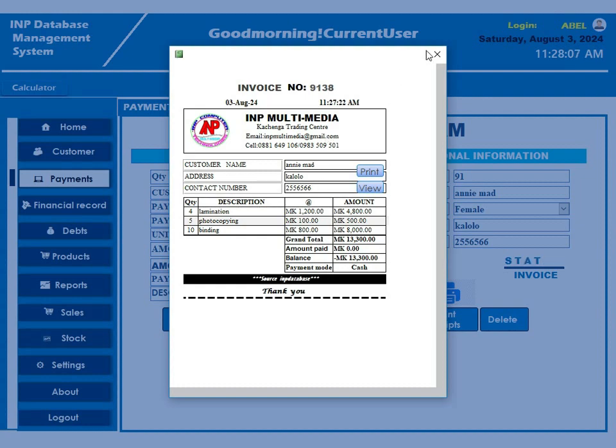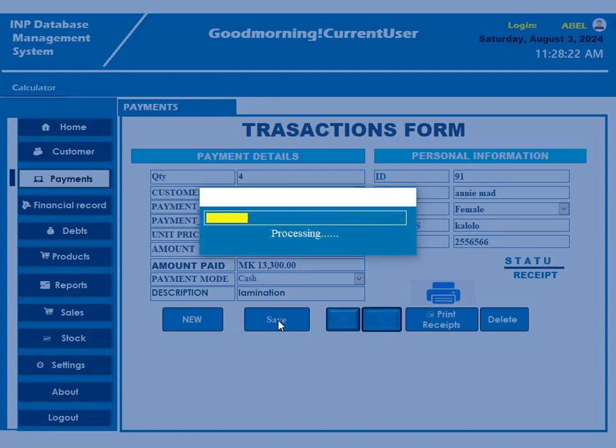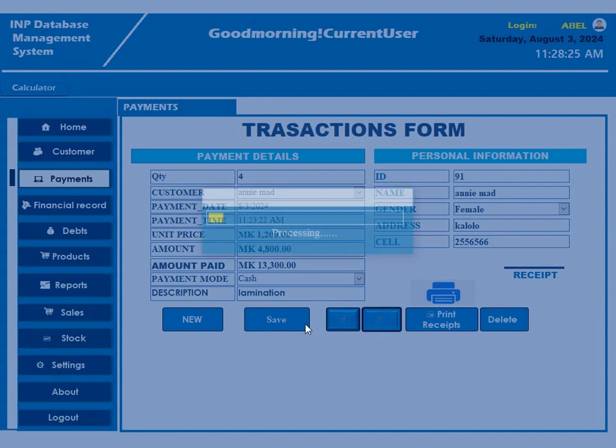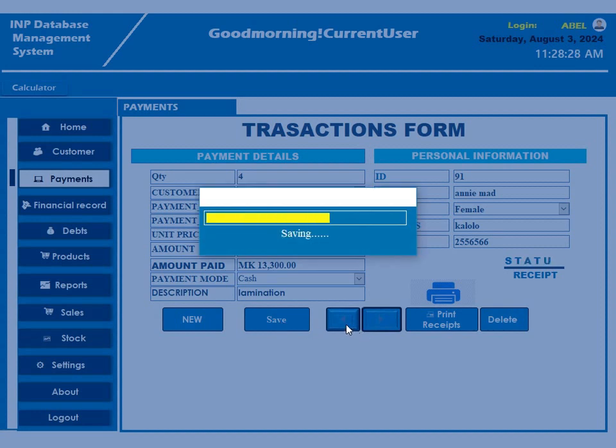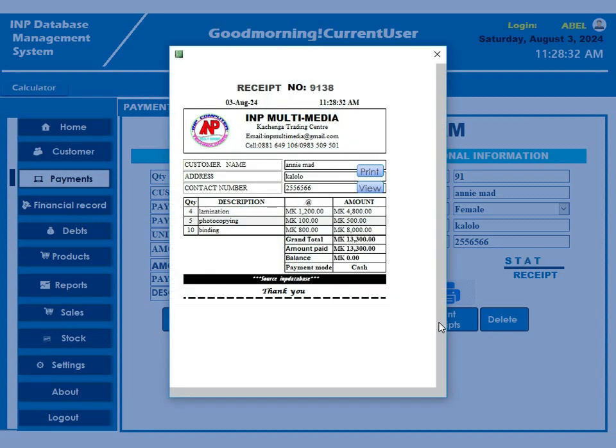13,300. Now let me enter the amount paid here. I mean the total amount, that's 13,300. Then I click save. Then after saving, you can go back to the receipt.